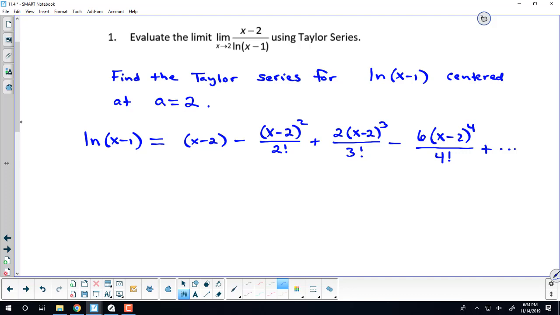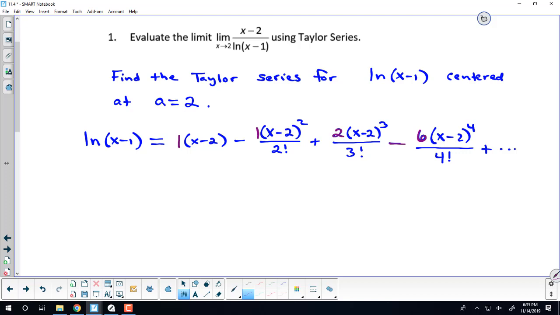Remember, the only thing that actually comes from the derivative, the function and its derivatives evaluated at a equals 2, are these coefficients here. So we would get a 1, a negative 1, a positive 2, and a negative 6. Everything else is just in Taylor's theorem.